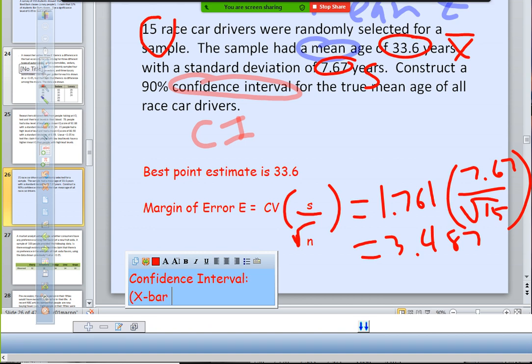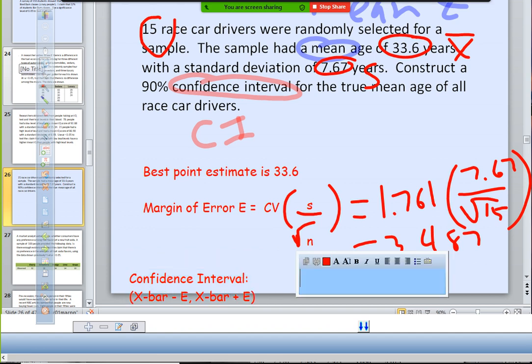So we end up getting 33.6 minus 3.5, comma, 33.6 plus 3.5, which gives me 30.1, comma, 37.1.